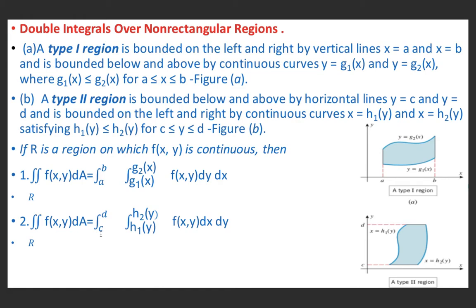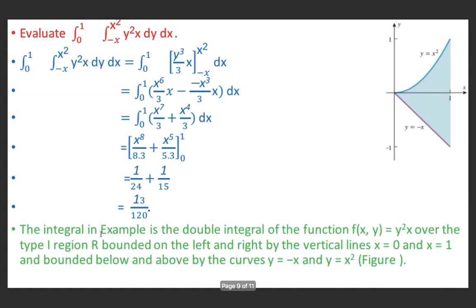Now we will show how to evaluate double integrals over regions other than rectangles. In the previous example, we had evaluated the integrals over rectangular regions. So this is the integration of y square x.